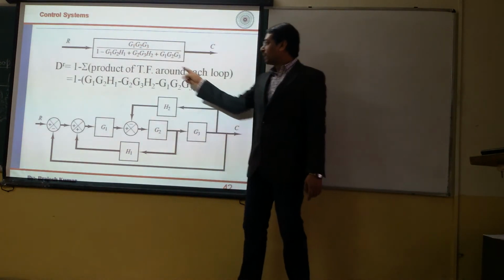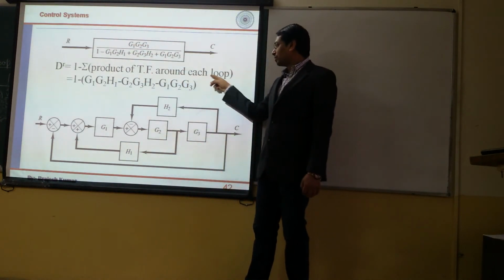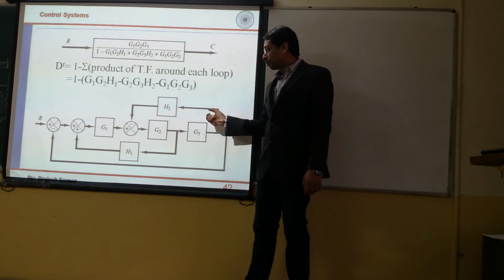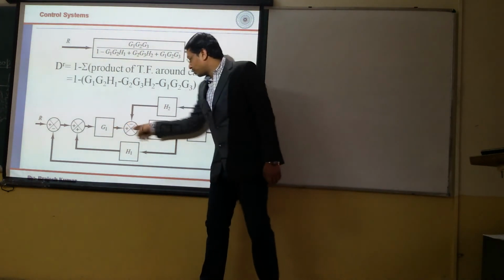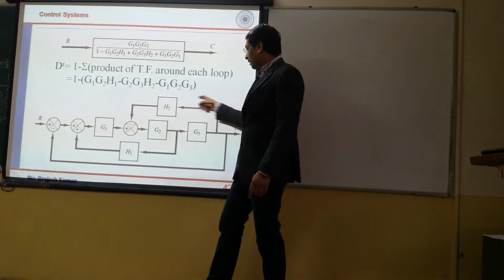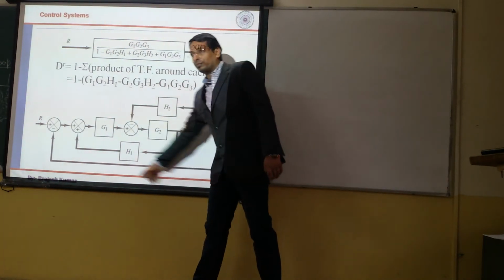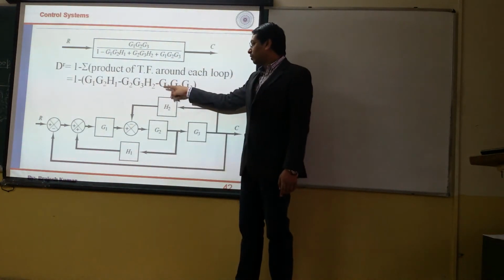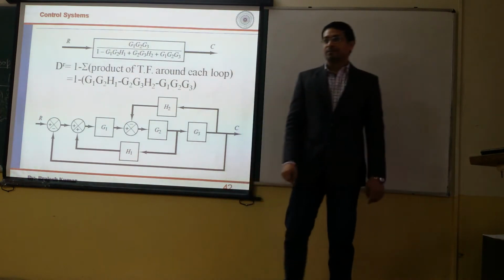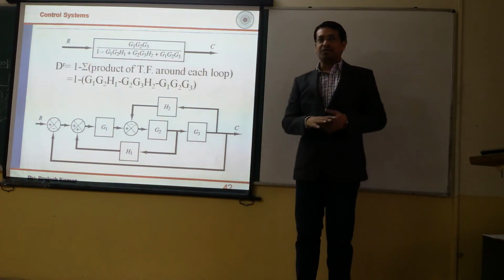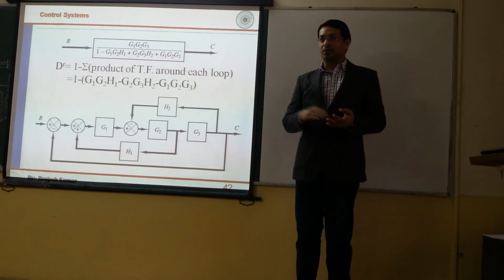Okay, and 1 minus the product of transfer function around each loop. Means you are going to consider how many loops are being formed. 3 loops: one loop, then second loop, then third loop. Okay. So 1 minus all these loops directly. So you can directly check in your examination for your mistakes.